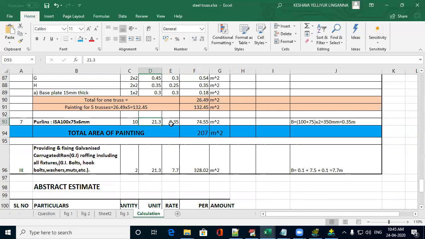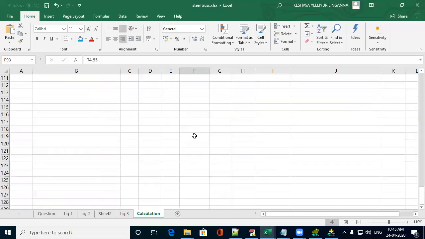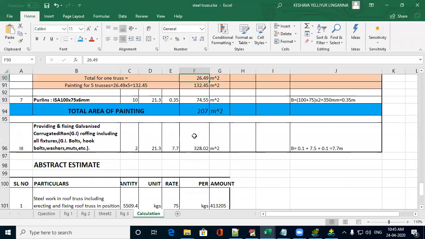And its perimeter is taken in a similar way, so that you will get the area of the purlin. Add these two, painting for 5 truss and this purlin. These two, if you add, 132.45 and 74.55, you will get 207 meters square. This is the total area of the painting. So second item of work is done.